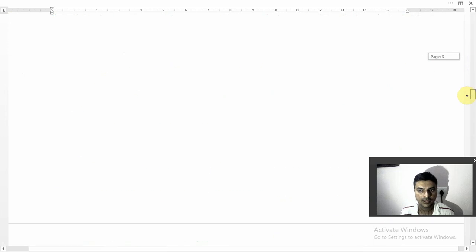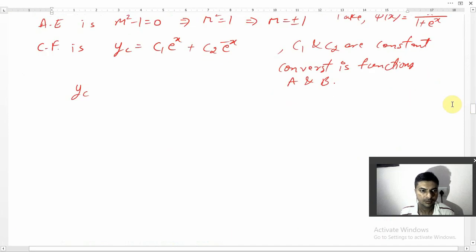So y of c is equal to a e raised to x plus b e raised to minus x. Yes, please go through the methods.